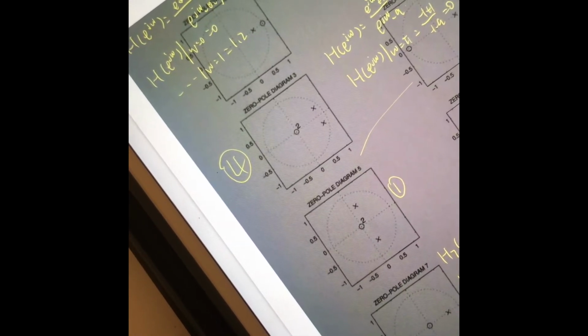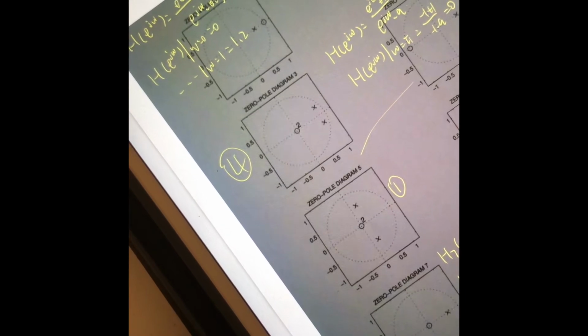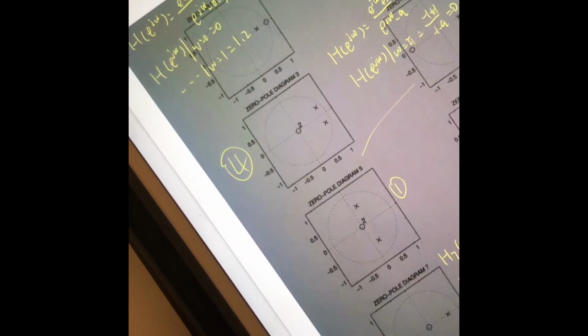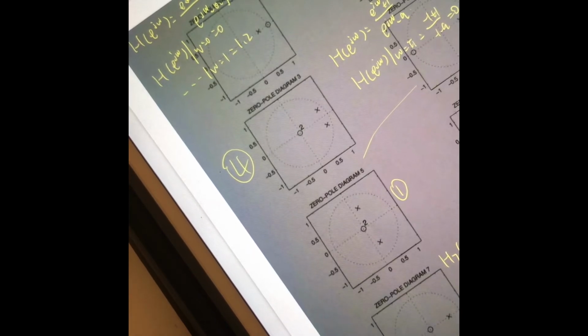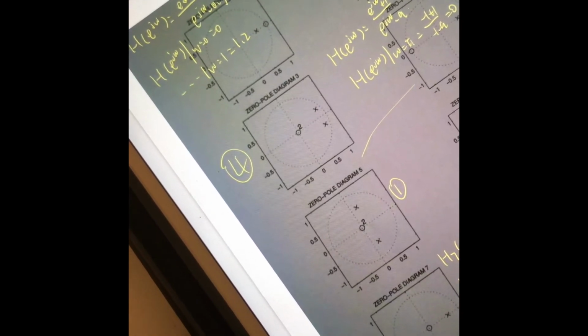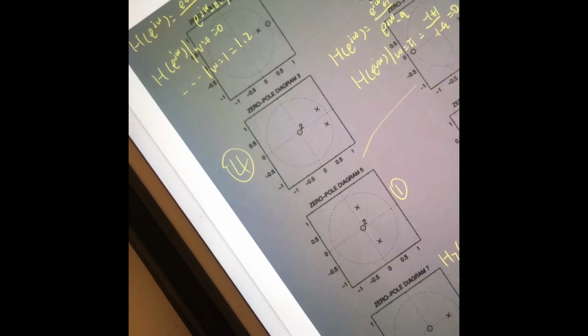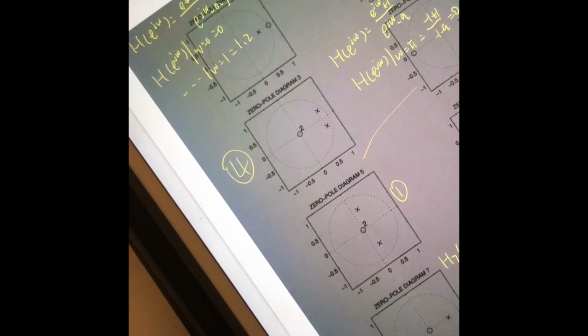So when omega equals 0, we can get the value of H7 equals 2.5 and H8 equals 5.